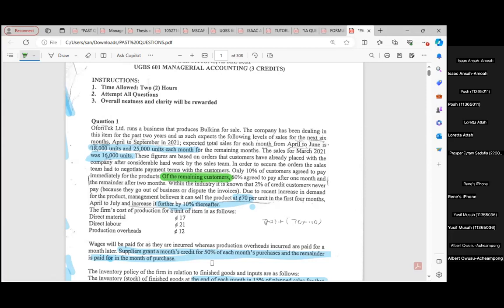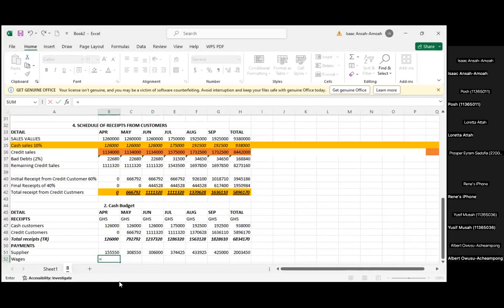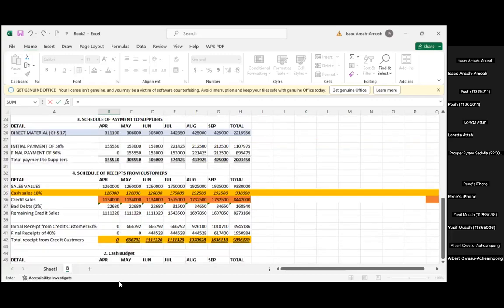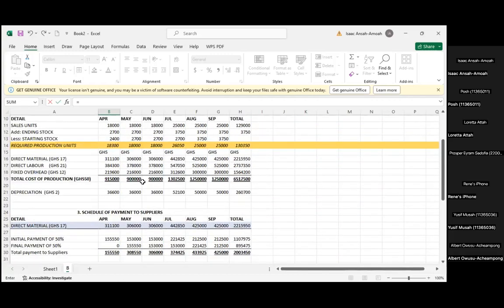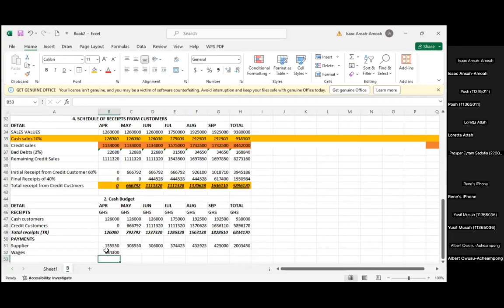So whichever amount you incurred in April on labor, you paid for it. So we go back to the production budget, and we are paying for these figures as we give to labor.